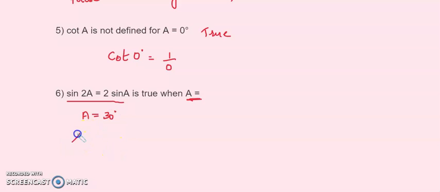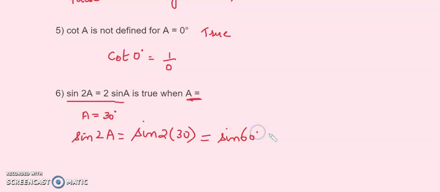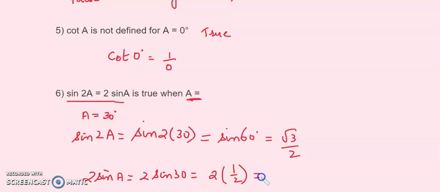Sine of 2A will be sine of 2 times 30, which is sine 60, that is root 3 by 2. And 2 sine A will be 2 sine 30, which is 2 multiplied by half, which is equal to 1.